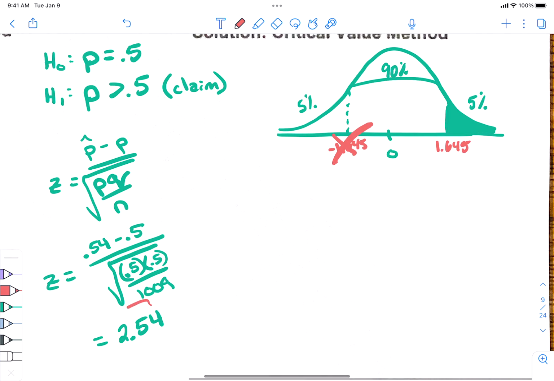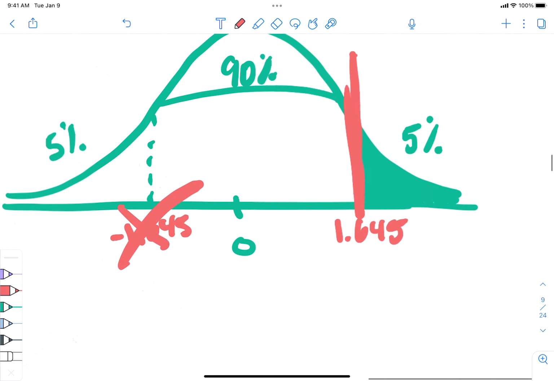Okay. We compare our z, which we got as 2.54. This mark right here, this 1.645, is like the cutoff mark for what is considered to be farther away from average than it should be, right? If it's anything on this side of 1.645, it's close enough to 50% to say that's close enough, right?